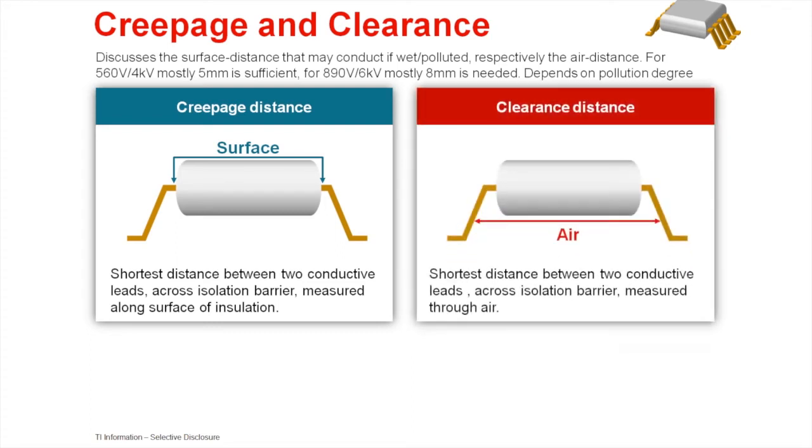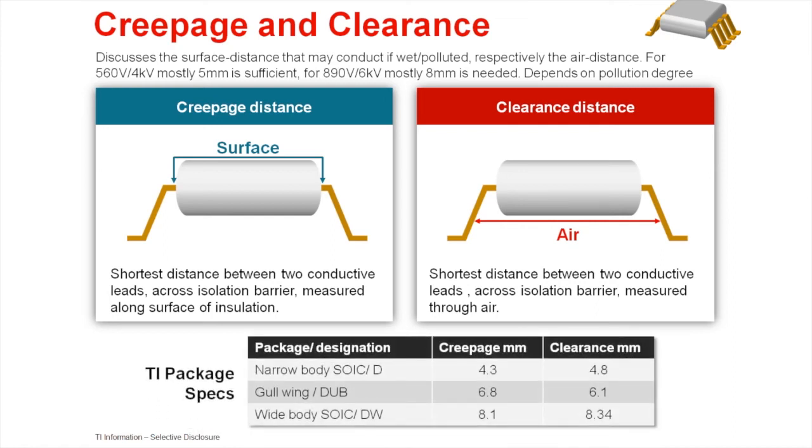Clearance, on the other hand, is the distance from input to output pin through air. In the description above, it's shown as a line of sight, but in reality, this value could be a bent line, making it shorter. Here are some typical values for creepage and clearance of some of the packages we use at Texas Instruments.